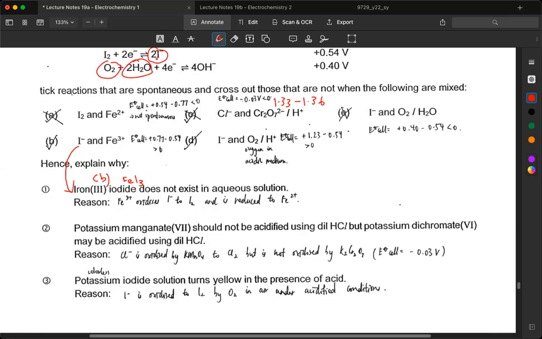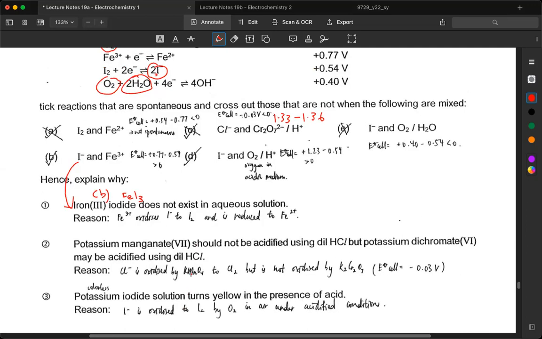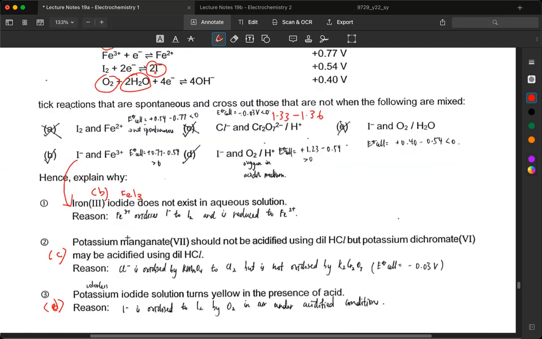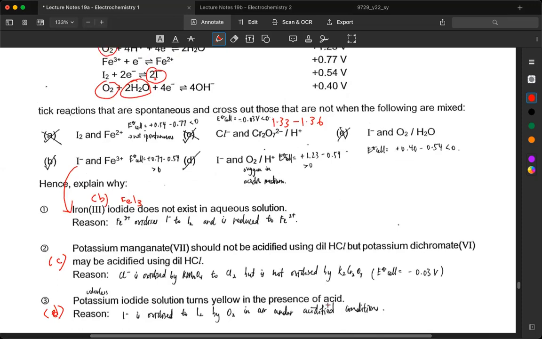Then they say potassium iodide solution turns yellow in the presence of acid. Yellow because of the iodine formation. So it's D, because of H plus, acid.